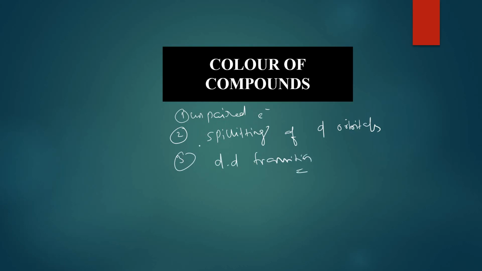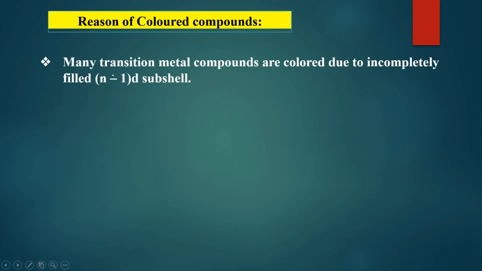Then the colors are of different types. What does color depend on? Let us have a look over here. Reason for colored compounds: many transition metal compounds are colored due to incompletely filled (n-1)d subshell, that is 3d, 4d, 5d.